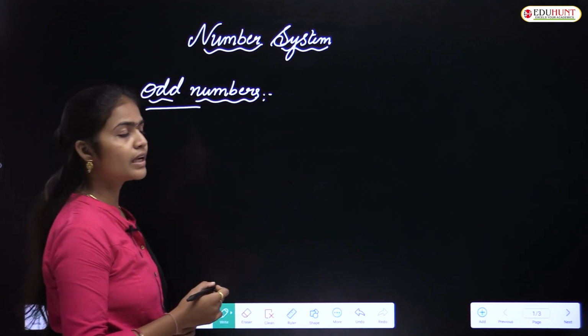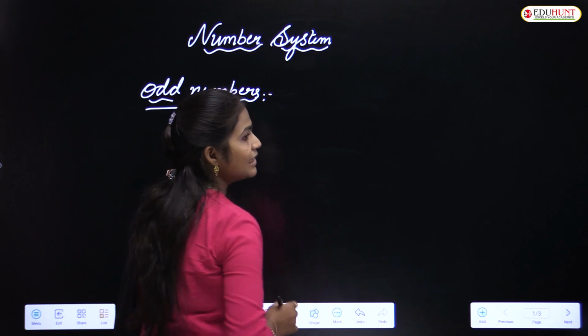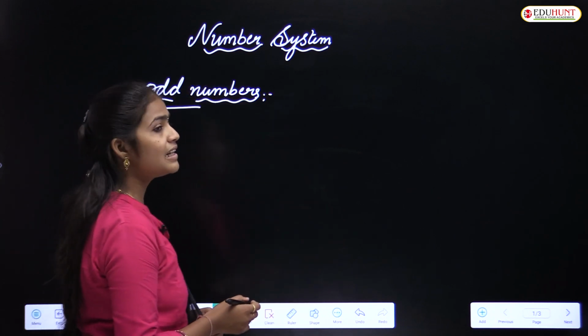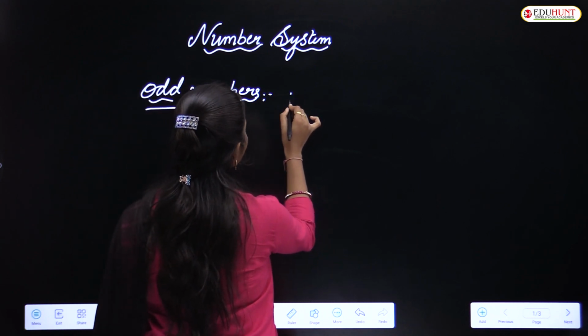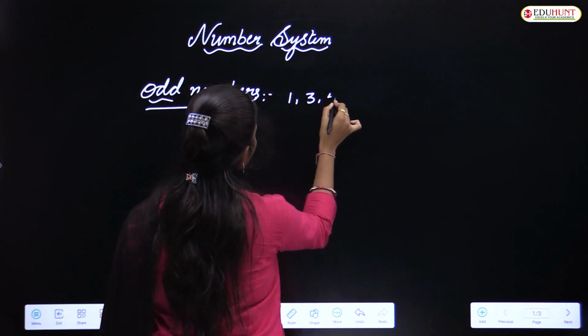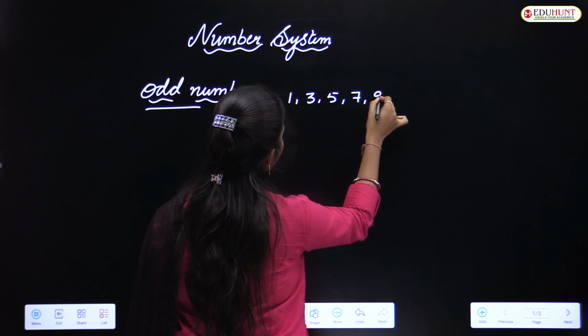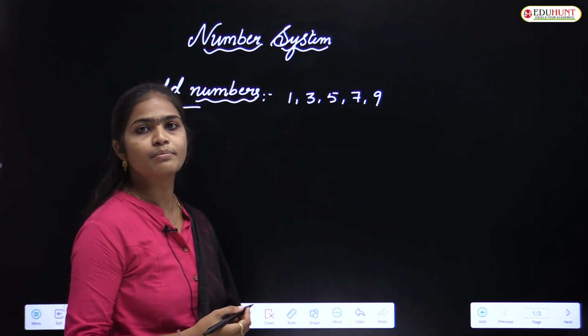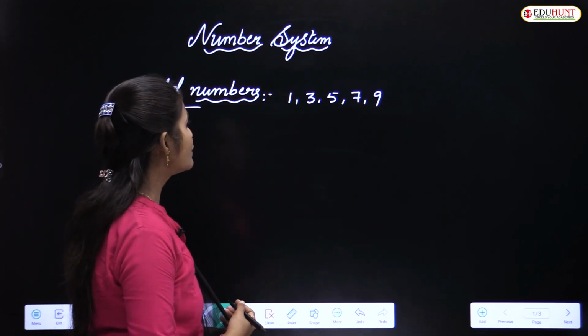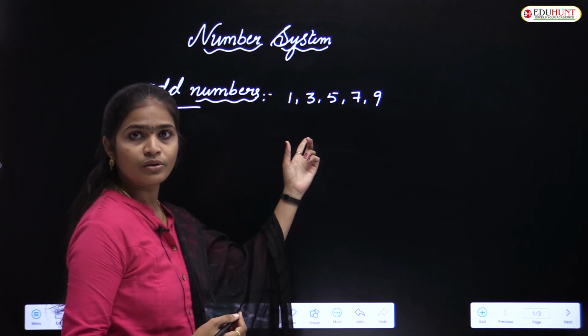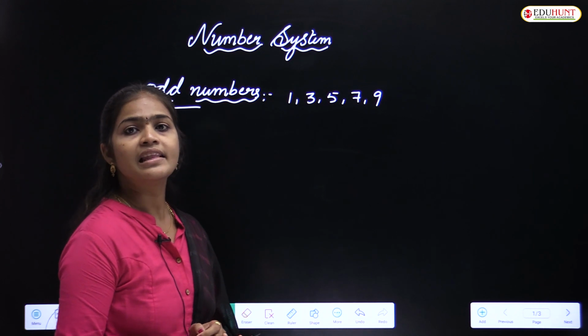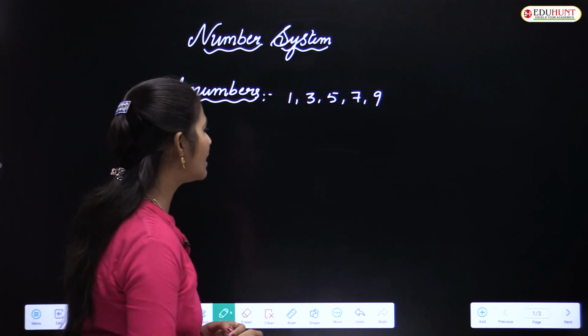Or there is another definition: if the number has the last digit 1, 3, 5, 7, or 9, then we will call those numbers odd numbers. If the given number has any one of the digits from this list in its units place, then we will call that number an odd number.